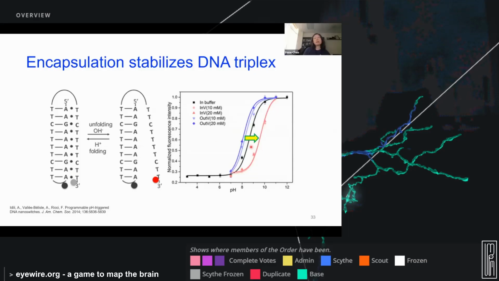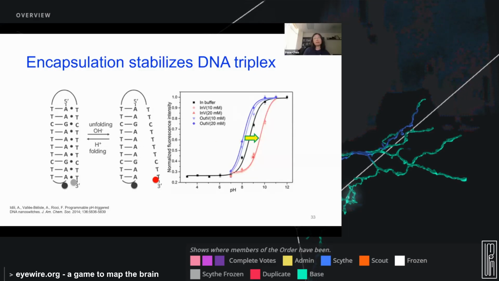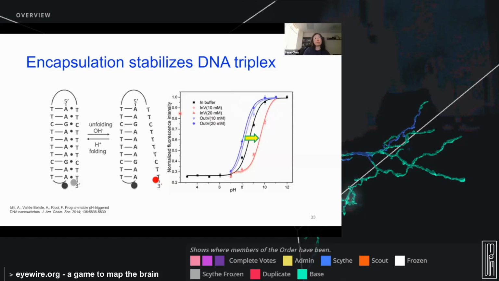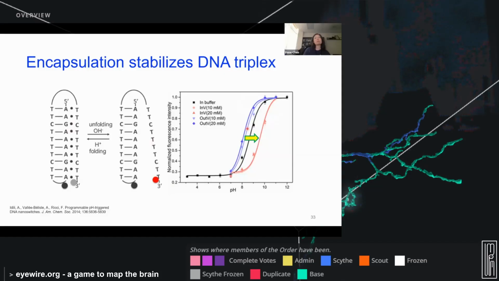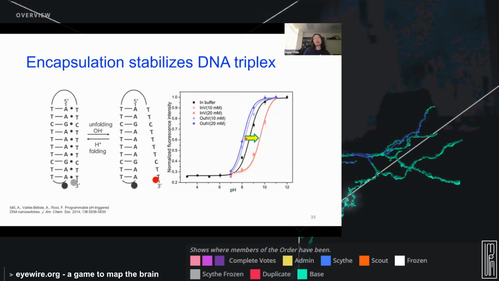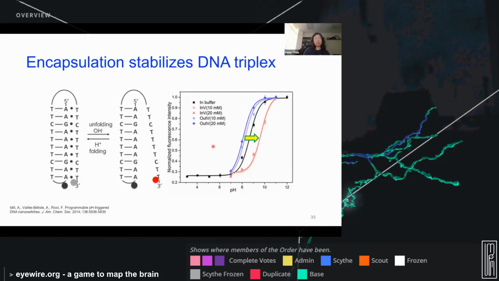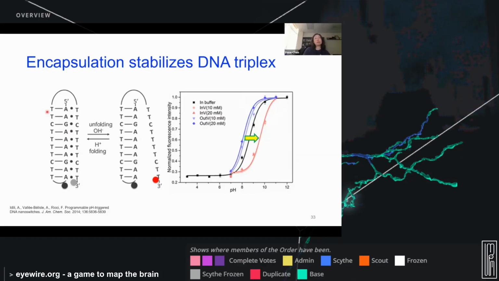It turns out that you have to add significantly more base if the switch is encapsulated compared to if it's outside vesicles. So you have to put in greater driving force in order to unfold the switch, this triplex, when it's inside vesicles. That's the red curve compared to the blue curve.